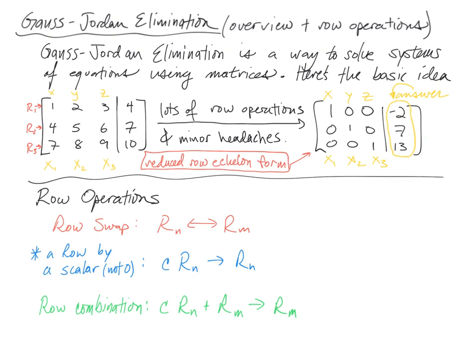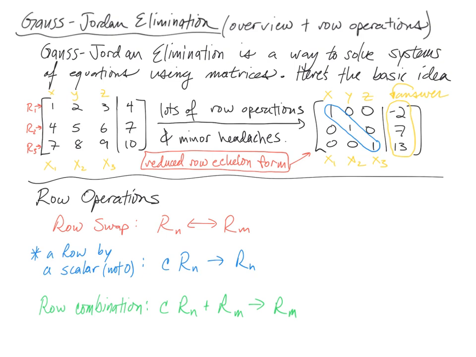And we know that this is reduced row echelon form because on the principal diagonal, we have all ones, and everything above and below those ones is 0. So in this column, we have a 1 in the top and then 2 zeros underneath. In this column, we have a 1 in the middle and zeros above and below. In this column, we have a 1 in the bottom position and zeros above. That's how we know it is reduced row echelon form.